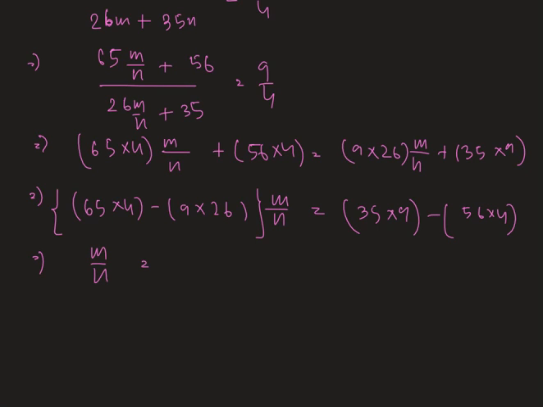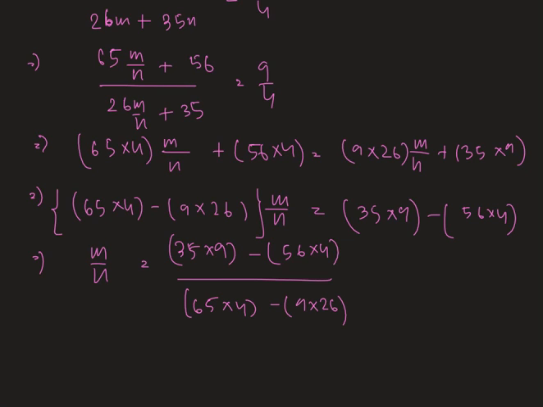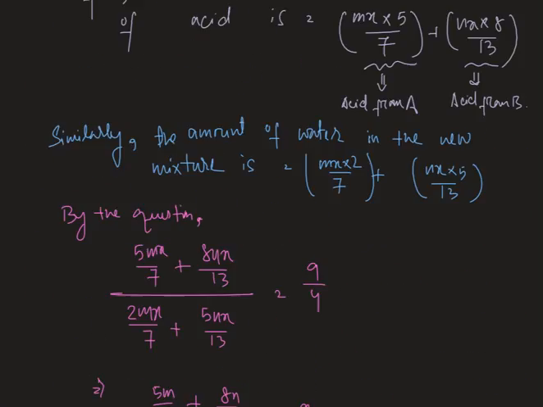So after dividing, we get (35 into 9 minus 56 into 4) whole divided by (65 into 4 minus 9 into 26). After calculating this, we get 91 by 26, and this is nothing but 7 by 2. So our required answer is 7:2.